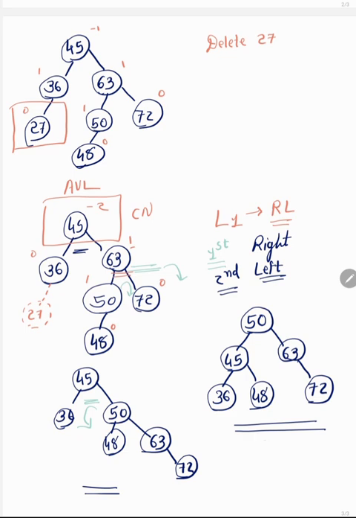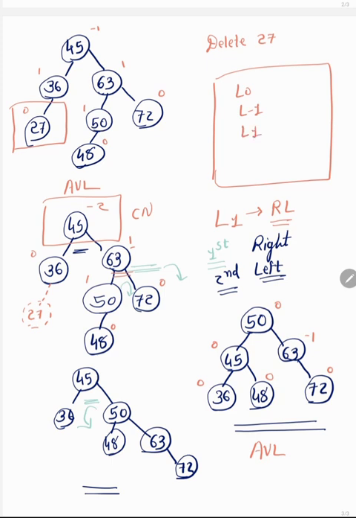If I check the balance factor, for 72 it is 0, 63 it's -1, 48 it's 0, 36 it's 0, 45 it's 0, and 50 it's 0. So now this is my AVL tree, right? I hope you understood this, right? You just need to keep in mind, that's your remembering point, that you have 3 cases: L0, L-1 and L1 rotation.